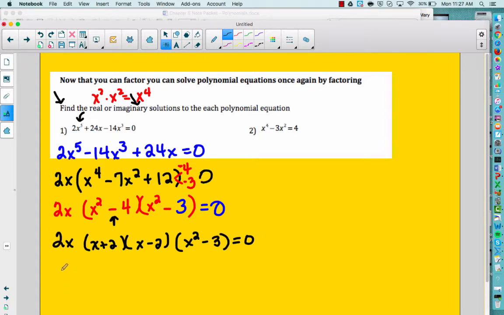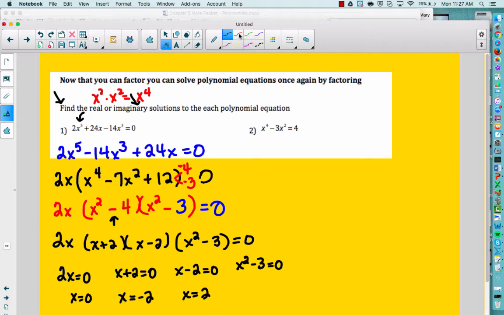Now to solve, we set each factor equal to 0. So x equals 0. Then x plus 2 equals 0, so x equals negative 2. X minus 2 equals 0, so x equals 2. And x squared minus 3 equals 0. Well, I look at that.